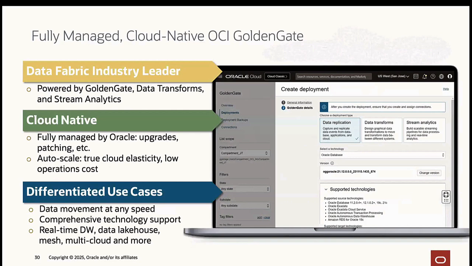So next, we're going to look at OCI GoldenGate. And for those who are familiar with on-prem GoldenGate, there are a couple of differences between OCI GoldenGate and on-prem GoldenGate.